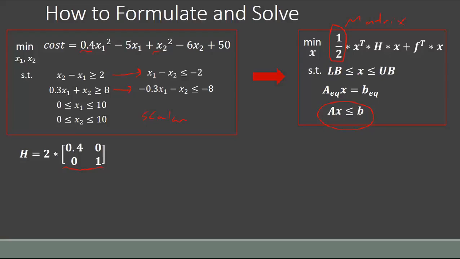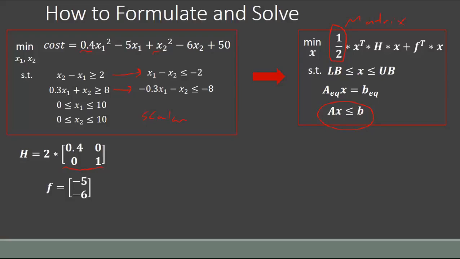So we need to double the constants in our H matrix in order to get it in that form. And this is just an artifact of this particular solver that we're using. Not all of them will use this, but we're using MATLAB's quadprog. So if you typed in help quadprog in MATLAB, you would see this same matrix form that we need to get our problem into. So this is what our H matrix looks like.